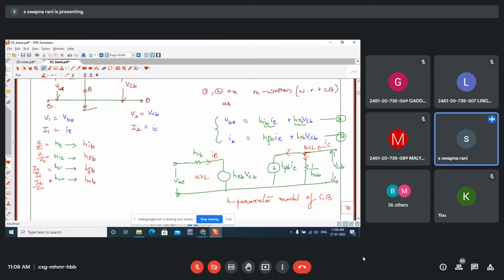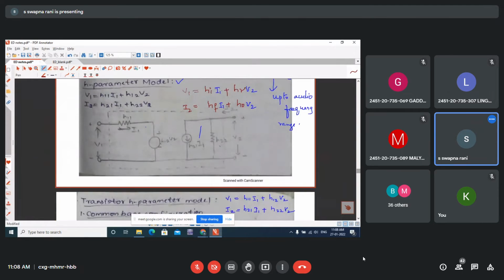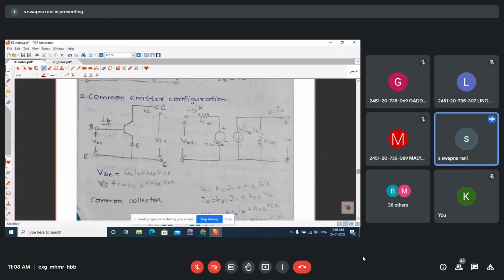Okay then. So I will show you here the common emitter and common collector. So common emitter. The emitter is grounded, therefore base and emitter will become the input terminals. Collector and emitter will become the output terminals.